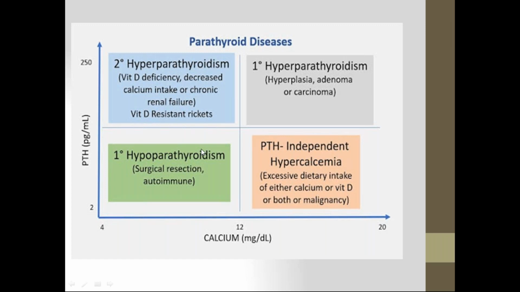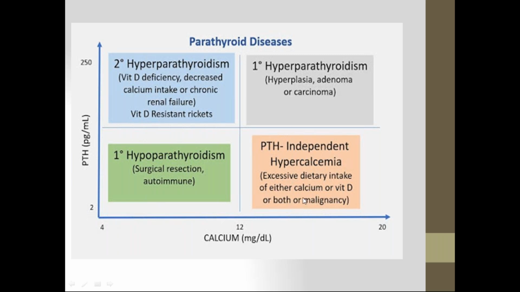In some primary conditions like surgical resection and autoimmune conditions, the parathyroid hormone levels may be between 2 and 250 picogram, and the calcium level may be 4 to 12 mg per dl.